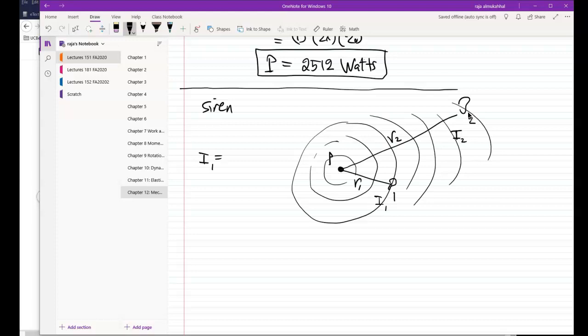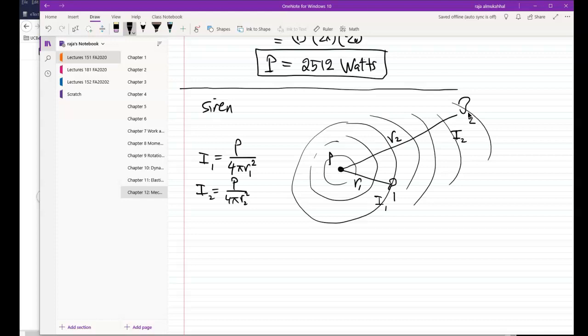Well, I1 is going to be equal to power over the area, which is 4 pi R1 squared, correct? And then observer 2 is going to measure the intensity to be I2 equals power over 4 pi R2 squared. Is that right? Okay, let me solve for power in both equations.